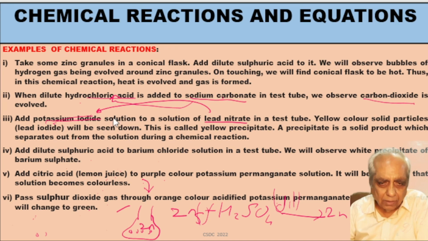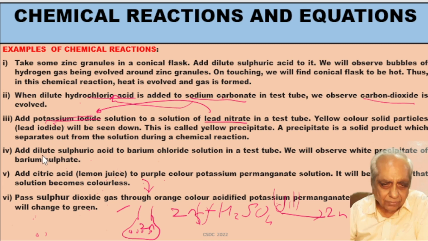So lead iodide will settle down at the bottom of the test tube, indicating that a chemical reaction has taken place. So whenever a precipitate gets formed, it means some chemical reaction has taken place.